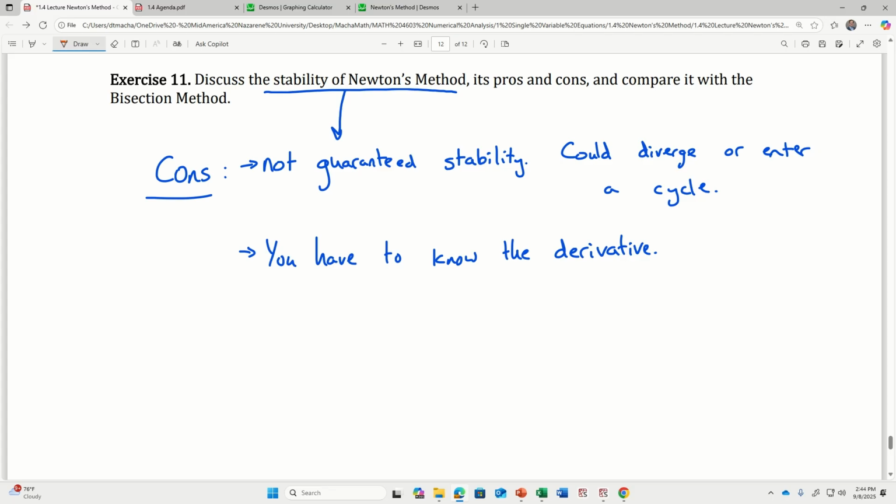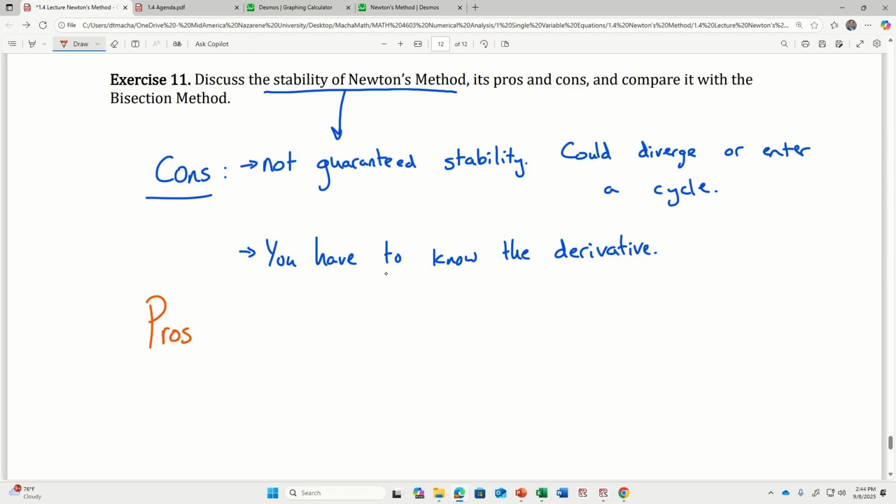Maybe you only understand what a function is as a really complicated infinite series, and it's not super easy to take the derivative. Or maybe you know a function as it is defined by an infinite product, or as the solution to a differential equation or something like this. If you're dealing with a more exotic function, you might not always know the derivative, and so that would be a case when you can't use Newton's method.